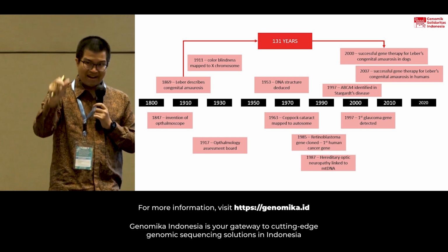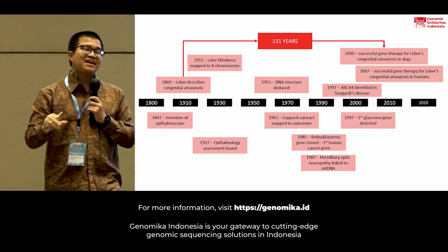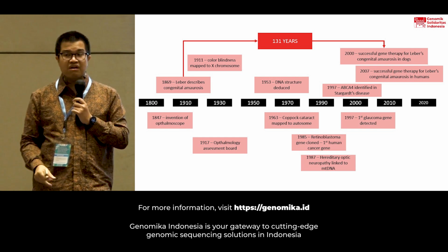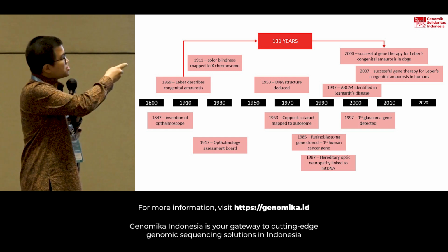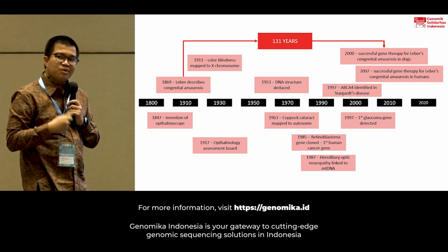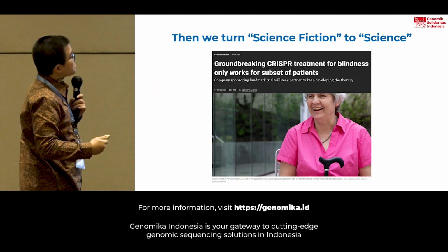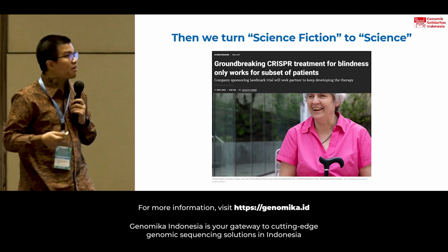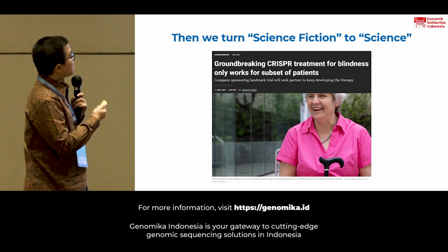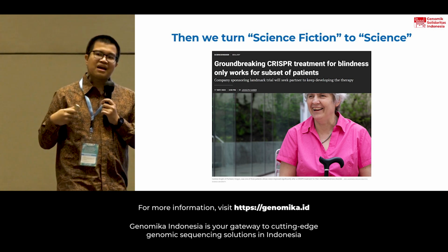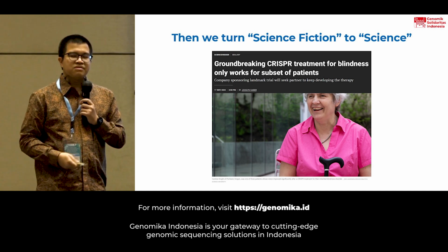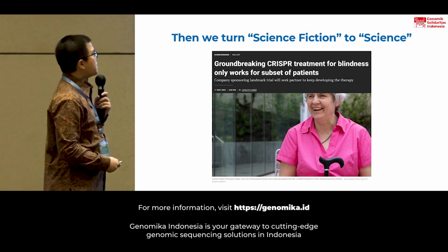All right? Now the clinical trial is open, and I think you can check it out on clinicaltrials.gov. All of that is part of the journey of how we had to find out about these disease mechanisms. And turning science fiction into science is made possible because there are groundbreaking treatments that are allowed right now, enabled by the many different analyses that we can do.